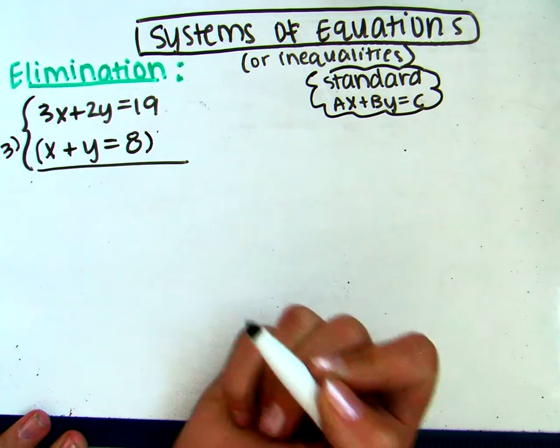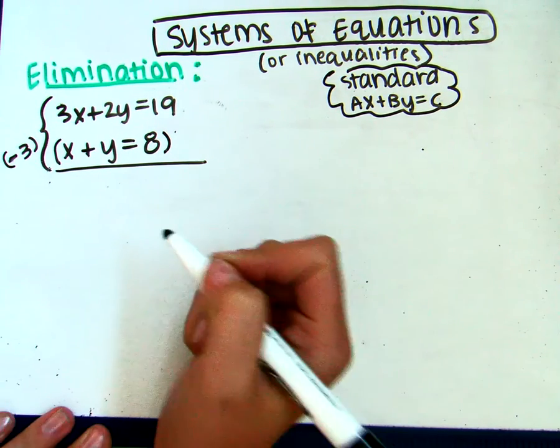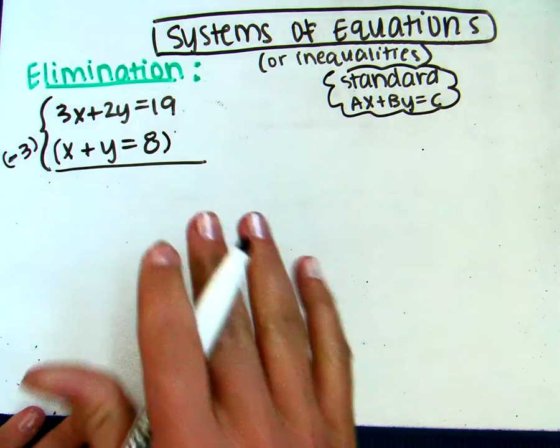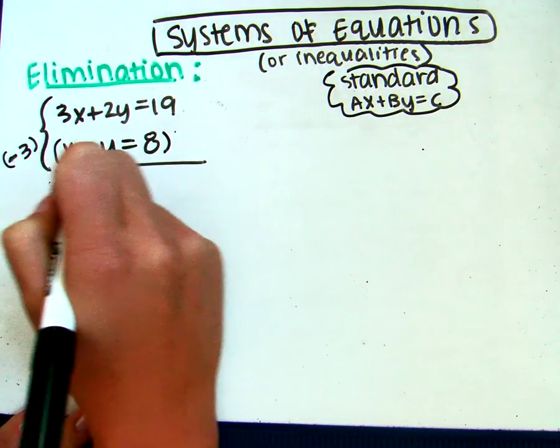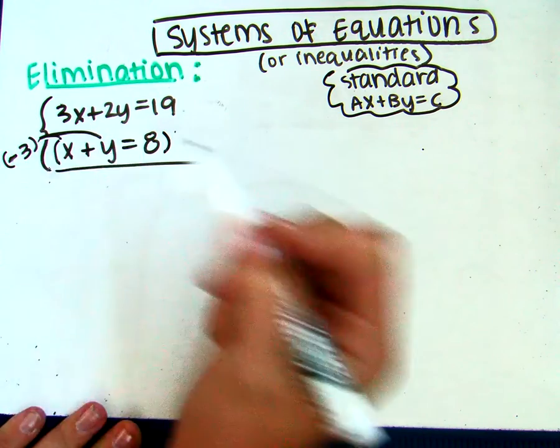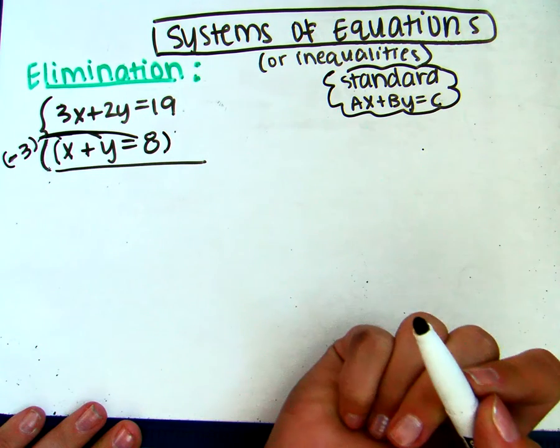But the rule is, just like in algebra, what you do to one guy, you have to do to all of them. So if I'm going to multiply the x by a negative 3, then I also have to multiply the y by the negative 3 and the 8 by the negative 3.